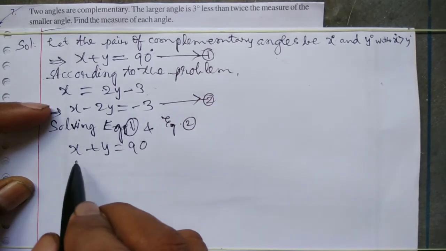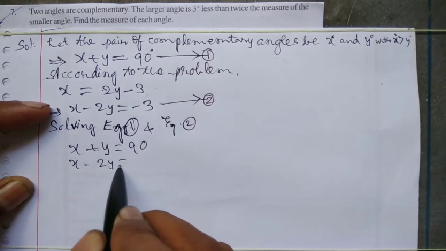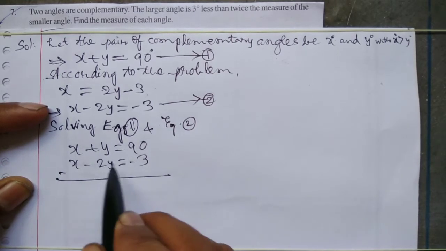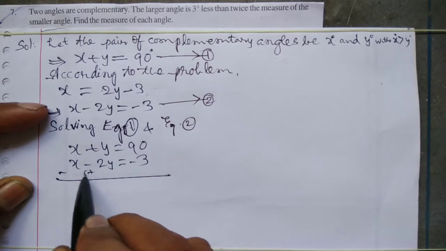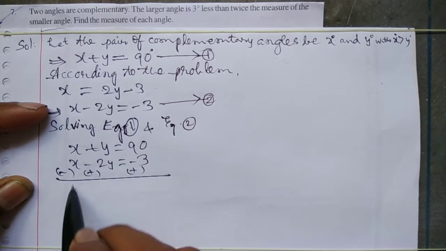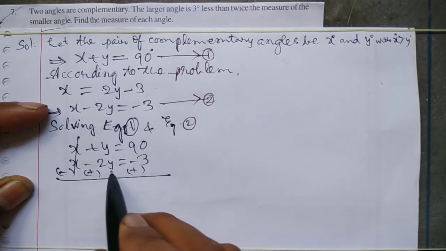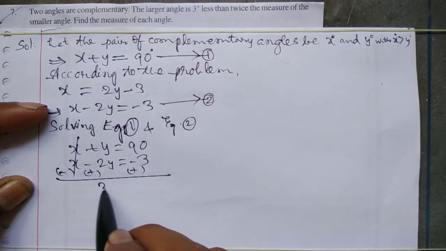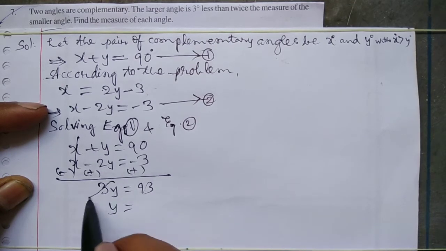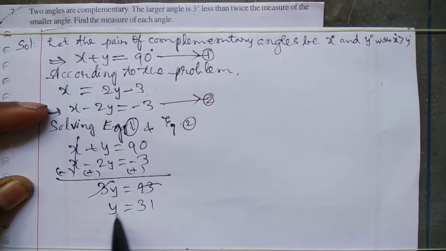Equation 2: x minus 2y is equal to minus 3. If we subtract, we have to change all the signs. x cancels. 3y is equal to 93. y is equal to 31 degrees.